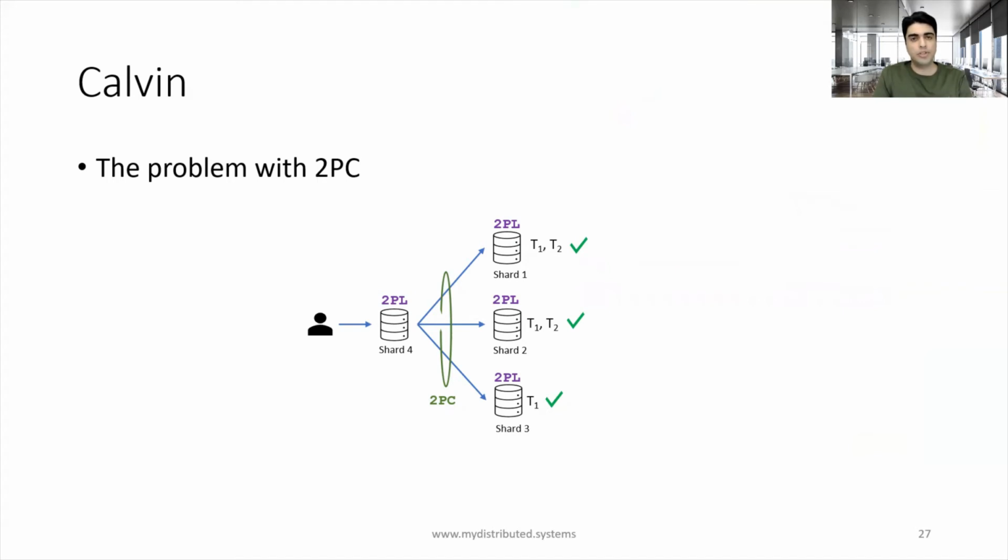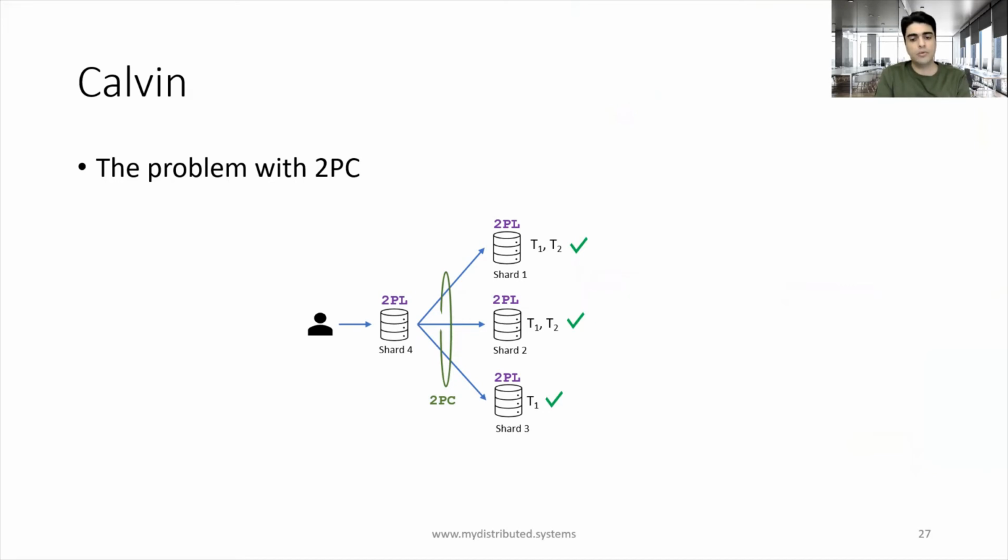However, this combination has a problem, and the problem is whenever we obtain a lock in the 2PL algorithm, in this solution we cannot release the lock even when a shard is done with a transaction before we receive the final decision from the coordinator, right?